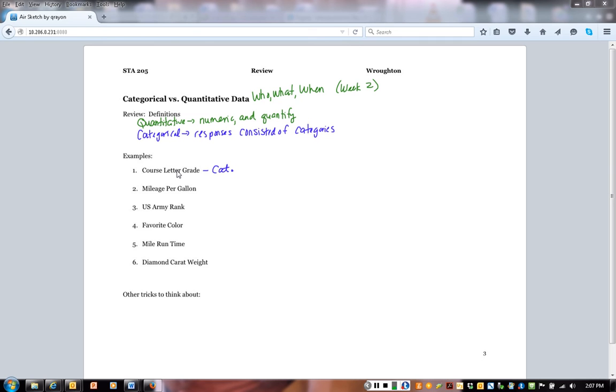Okay, it's going to be a number. Does it actually quantify something? If I get 30 miles a gallon and you get 33 miles per gallon, does that difference of 3 mean something quantitatively? Yes, you get 3 more miles per gallon than me. That number means something to me. So that's going to be a quantitative variable.